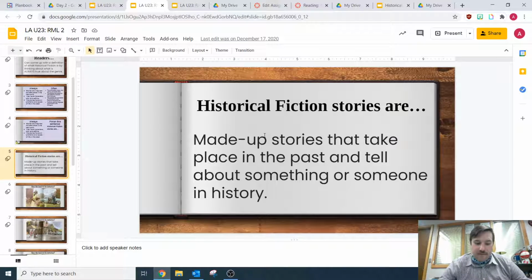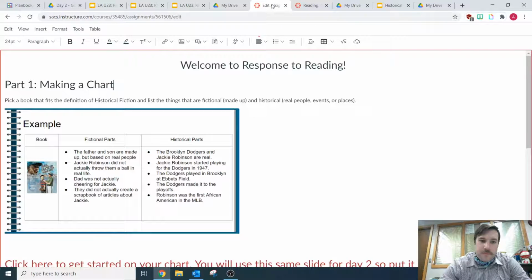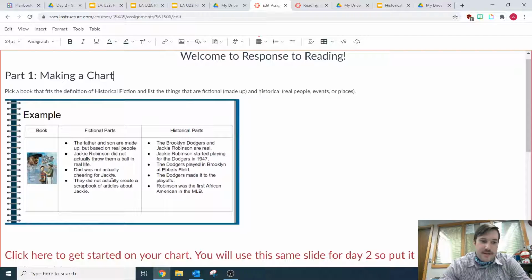So you're thinking of which parts of your story are real and which ones are kind of made up, that fictional piece. When you get to this assignment, you are going to look at my chart here as an example. You're also going to see this on the copy that you're making.